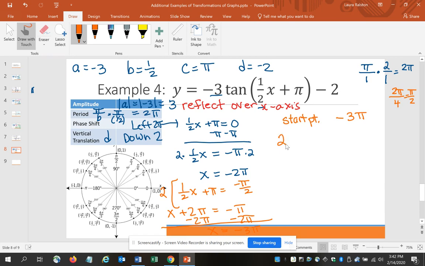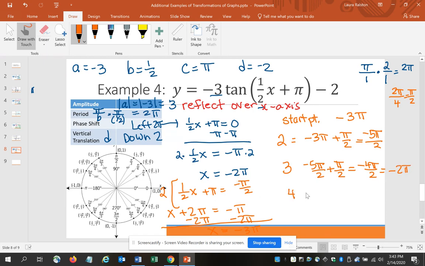So my second point is going to be negative 3 pi plus pi halves, which is going to be negative 2.5 or negative 5 pi halves. My third point would be negative 5 pi halves plus 1 pi halves. That's negative 4 pi halves, or negative 2 pi.